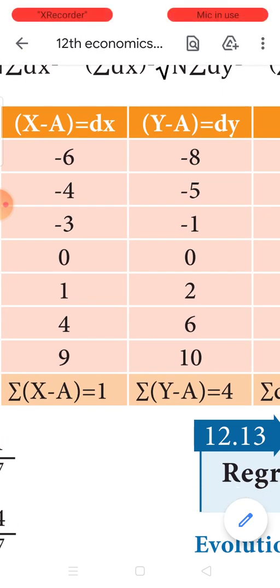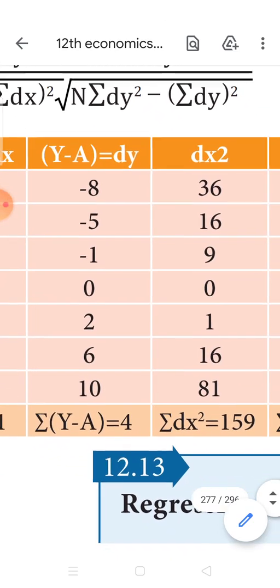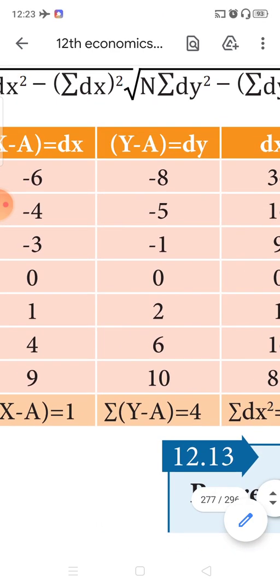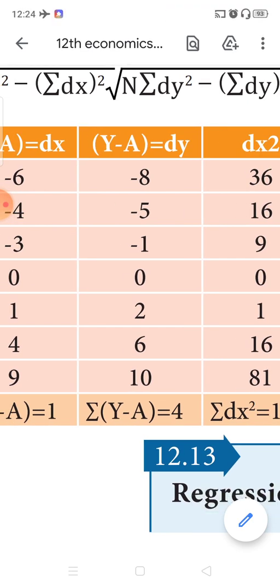Now, the next thing we need to find is dx square. We found here the value of dx. Minus 6 into minus 6, it is 36. Minus 4 into minus 4, it is 16.